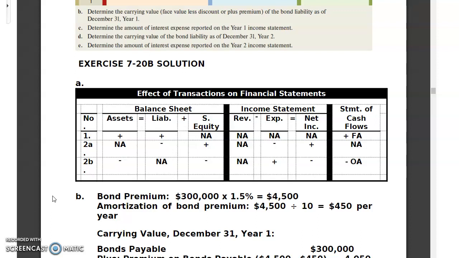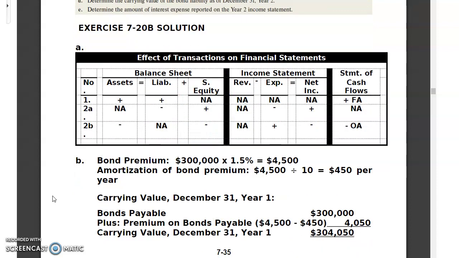So 1.5% of the face value, or $4,500, is the amount of the bond premium. Okay, so that means that we sold them for $304,500.